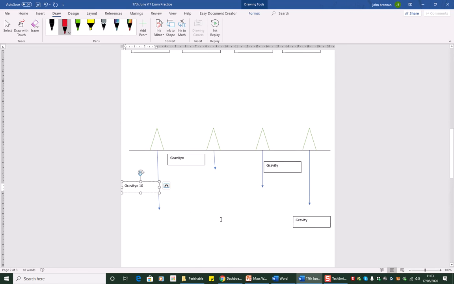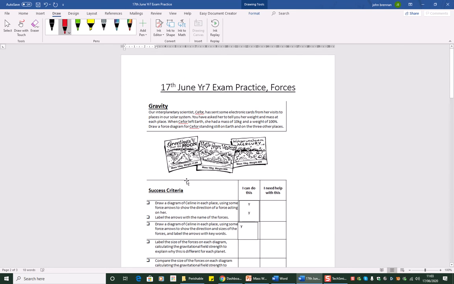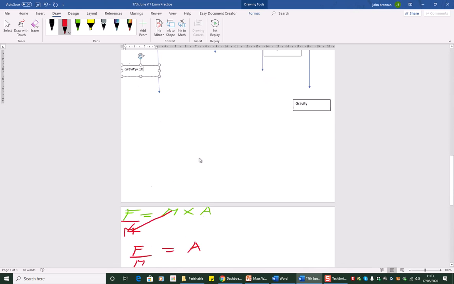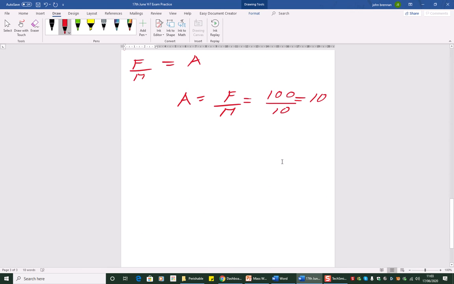I'll do one more for you, and the one that I will pick is the Moon. So let's go back to the Moon and let's see. Okay, so there's the Moon. Now the mass is 10 and the force is 11.6. So, pick a different colour for this one, for the Moon.